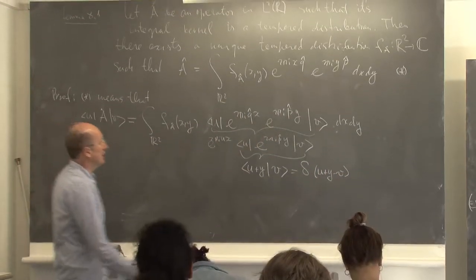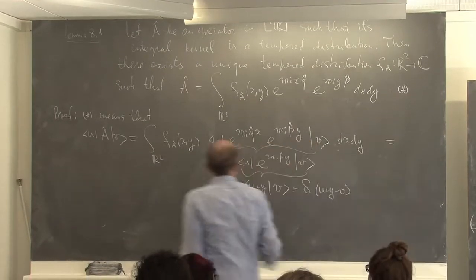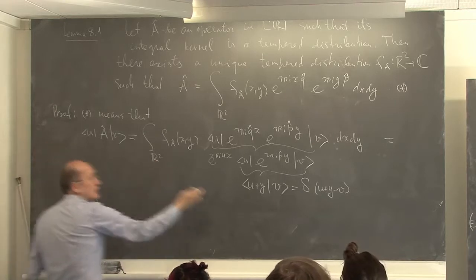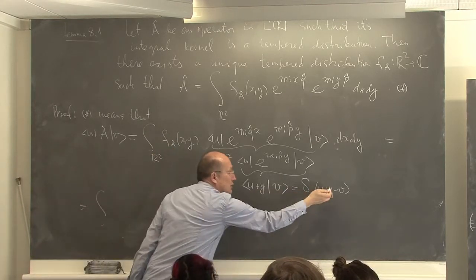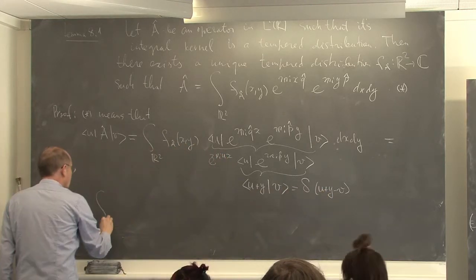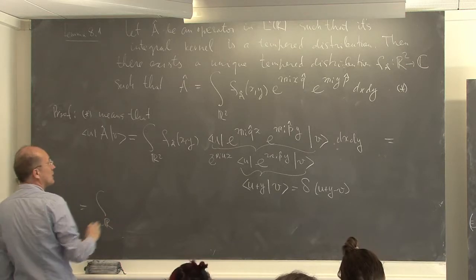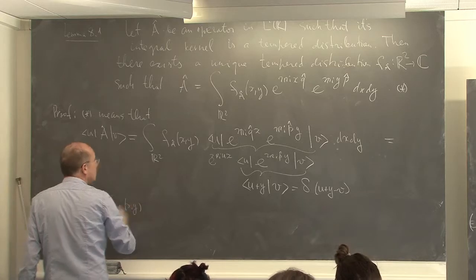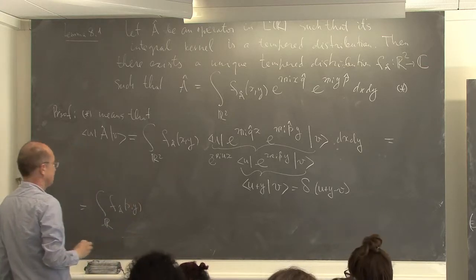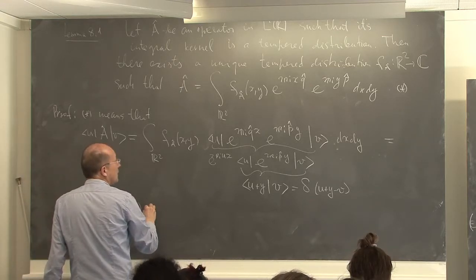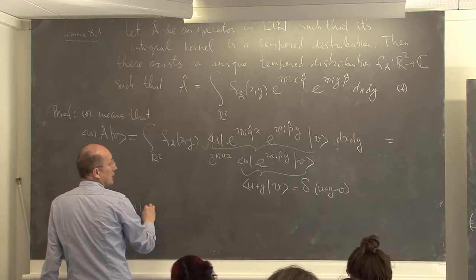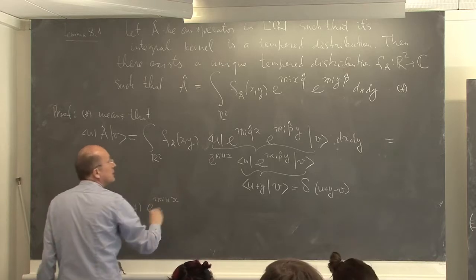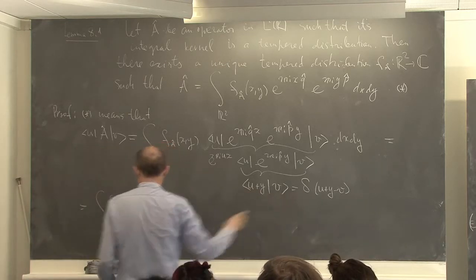And now, by using this, we can remove one integral because there is one delta function which contains one of the integration variables. So the integral becomes one-dimensional, f_A hat of xy, e 2 pi I u x.